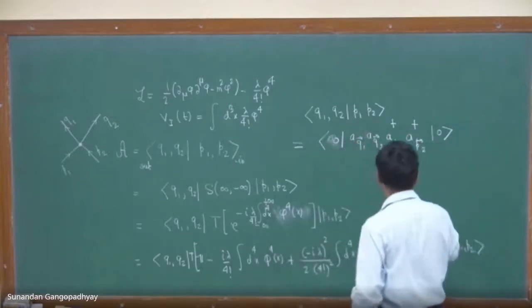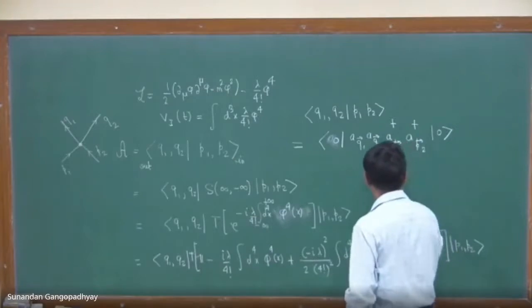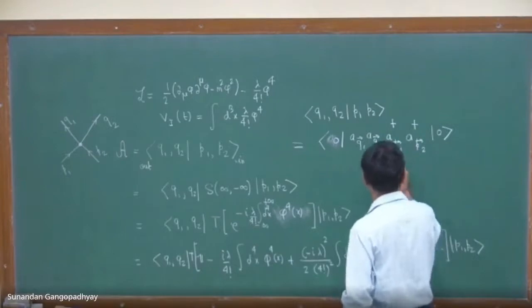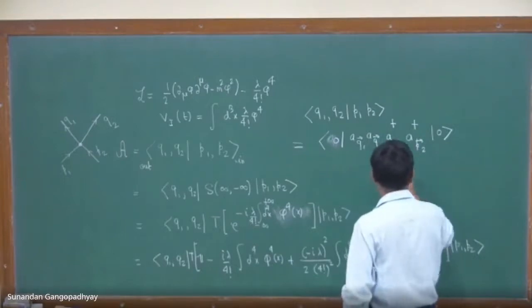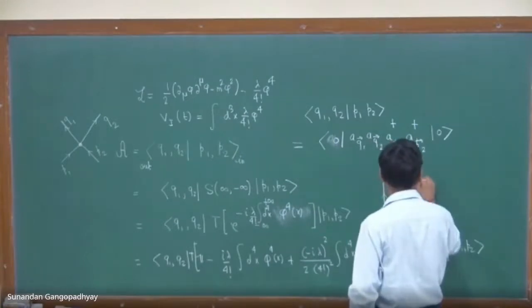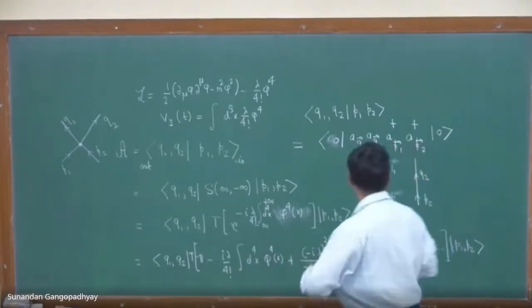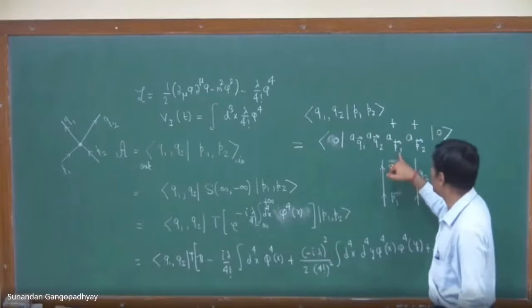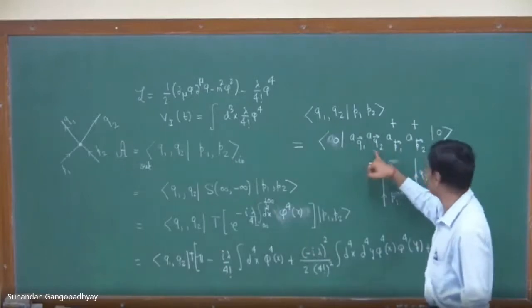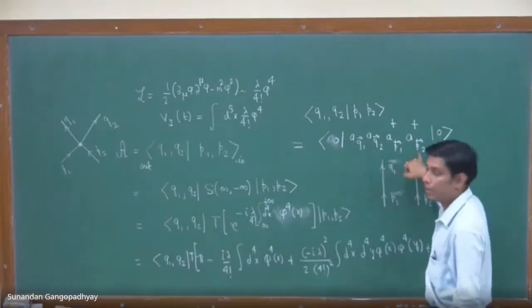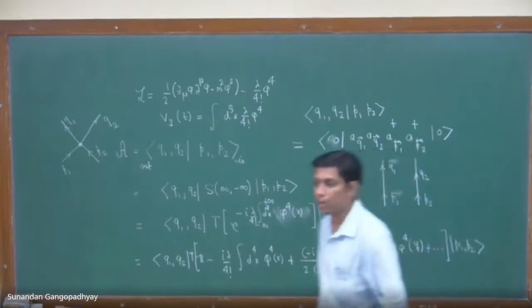So from here you will get these lines like this. A particle comes in with momentum P1 and goes out with momentum Q1. Similarly, a particle comes in with momentum P2 and goes out with momentum Q2, and you can also have a particle coming in with momentum P1, going out with momentum Q2, and a particle coming in with momentum P2 and going out with momentum Q1.